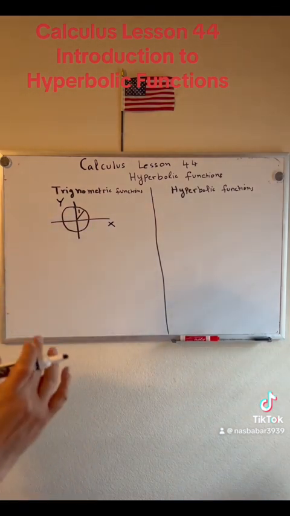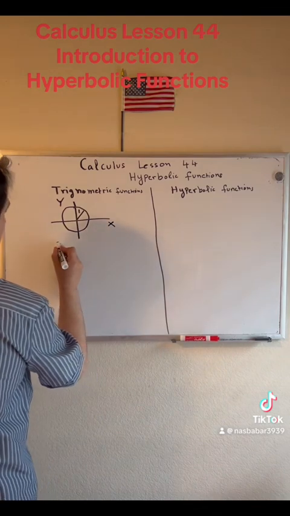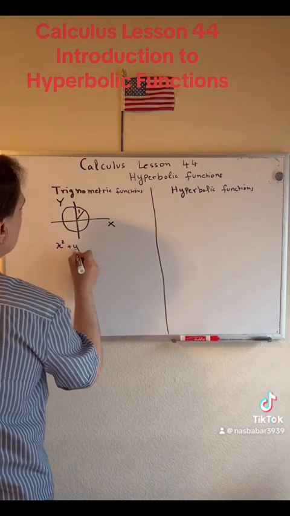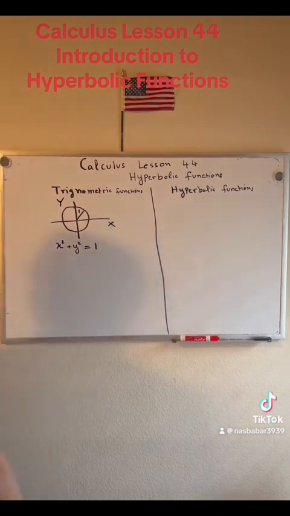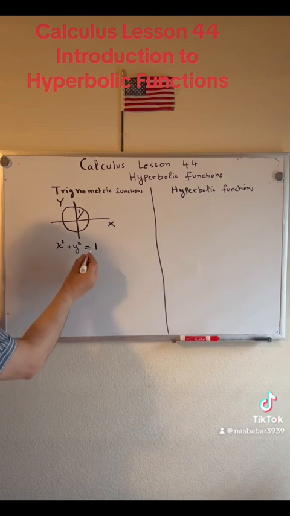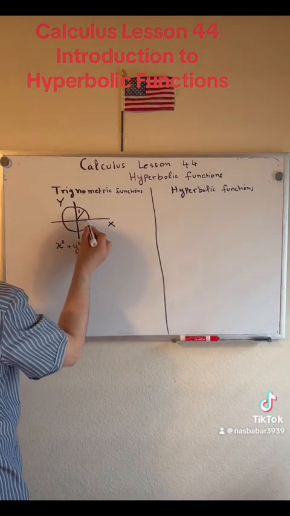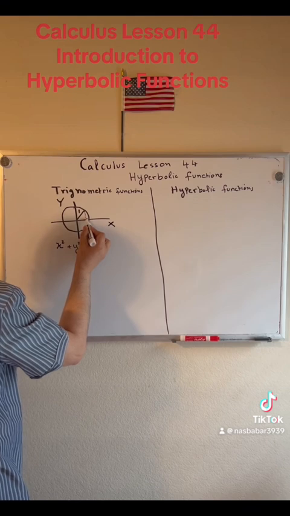Now, in the case of trigonometric functions, you will see that x squared plus y squared is equal to 1. If the radius is 1, then you've got your x-axis right here, and then your y-axis, which is going to be right here.